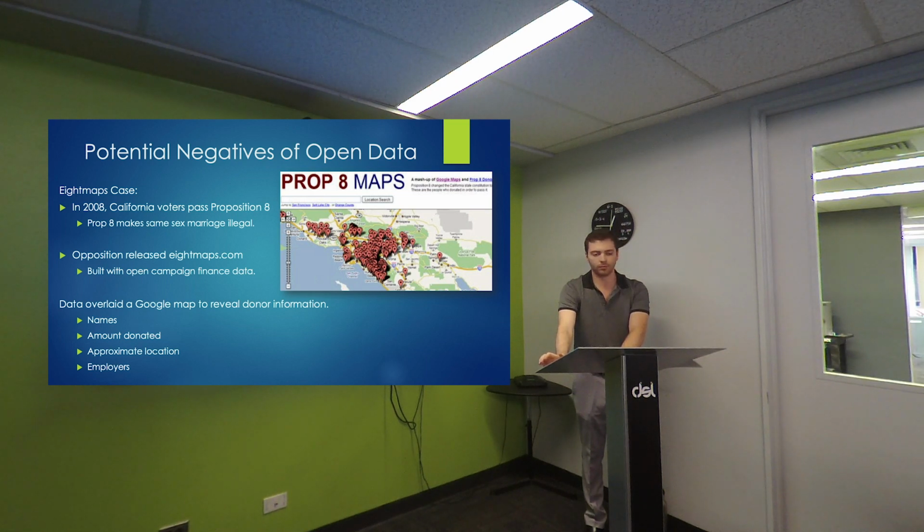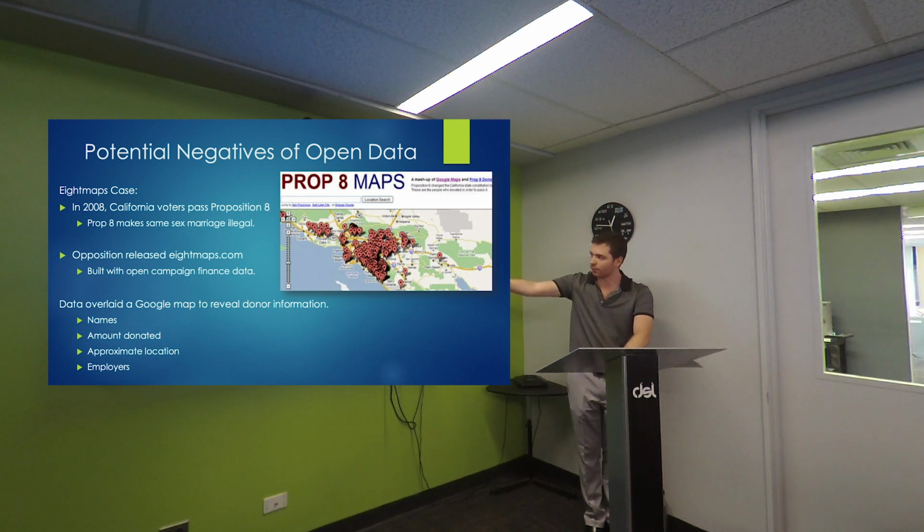It was an anonymous source that created this because this was super illegal, but they used this open campaign data on a Google map to reveal the names, the amount donated, the approximate location, and even in some cases the employers of the people who donated to the Proposition 8 movement, so that same-sex marriages would be illegal in the state.